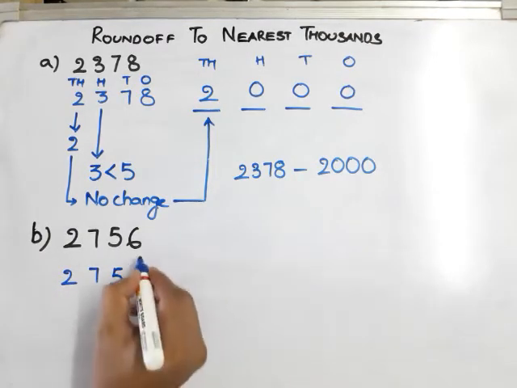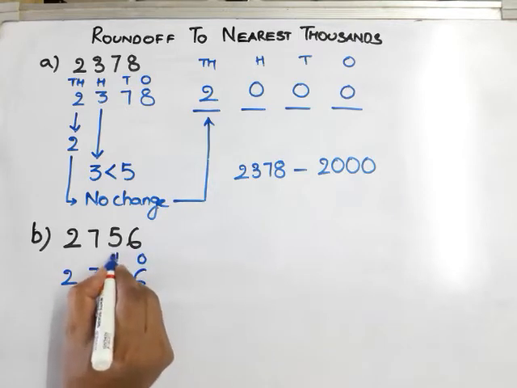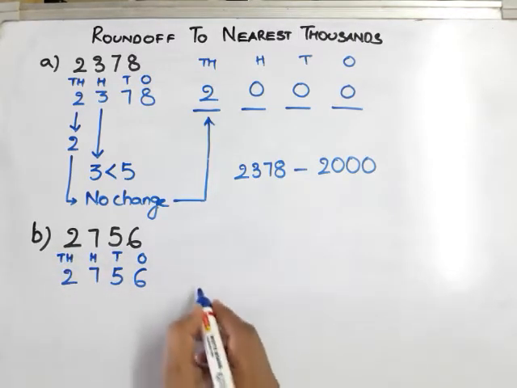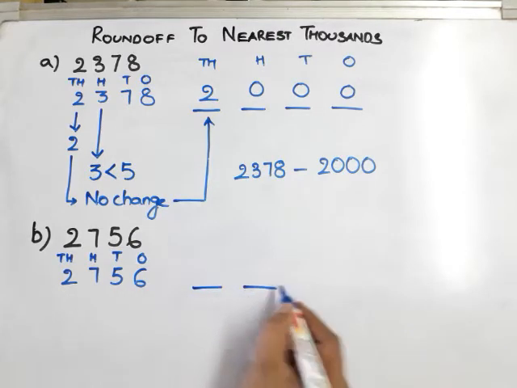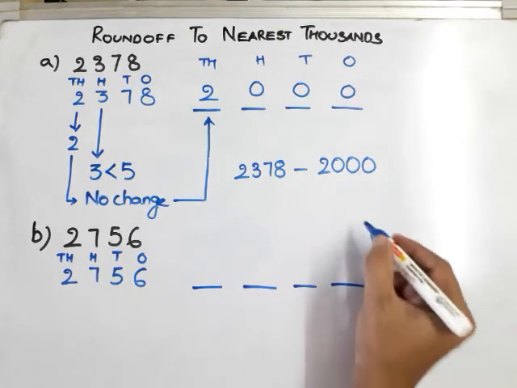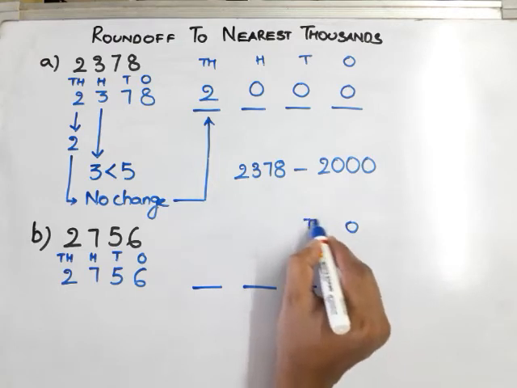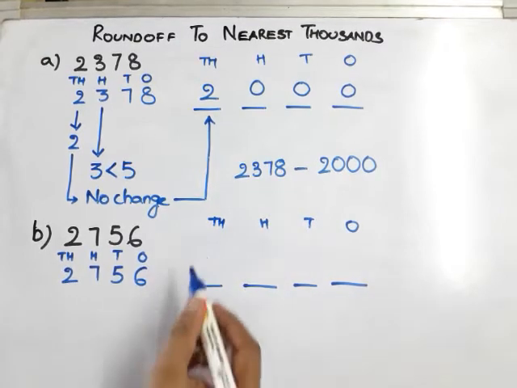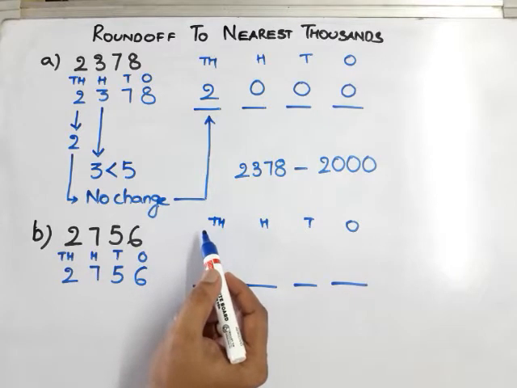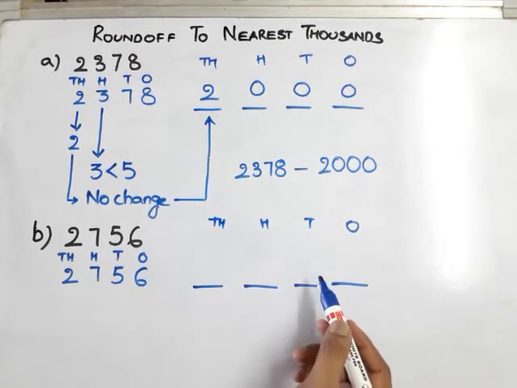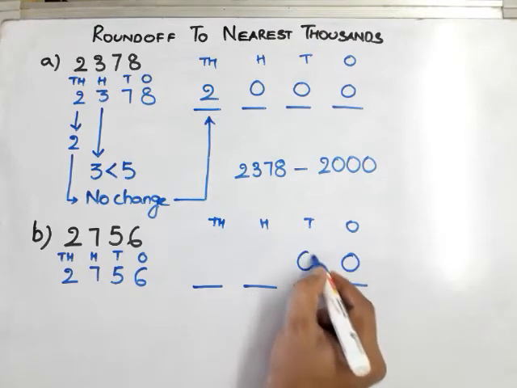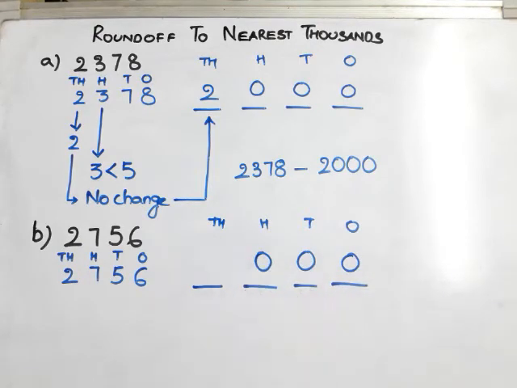Even for this, the place values are ones, tens, hundreds and thousands. So automatically the rounded off value will have four places. As we have to round off to the nearest thousand, what do we do with the other place values? We have to replace them by zeros up to hundreds.